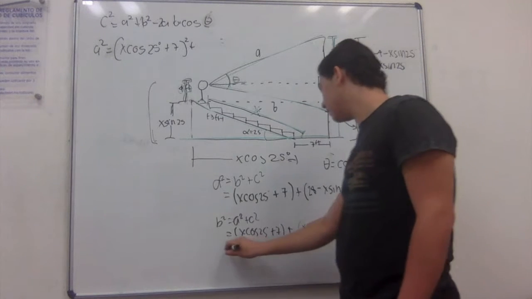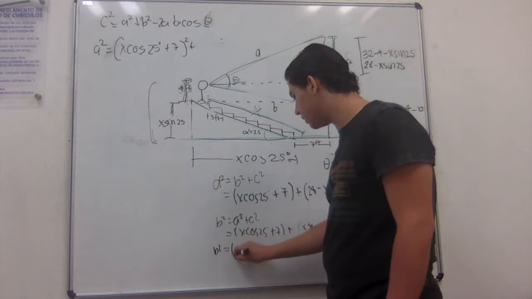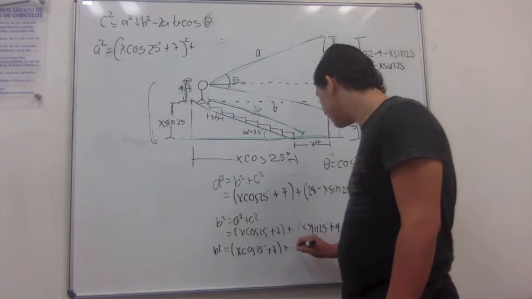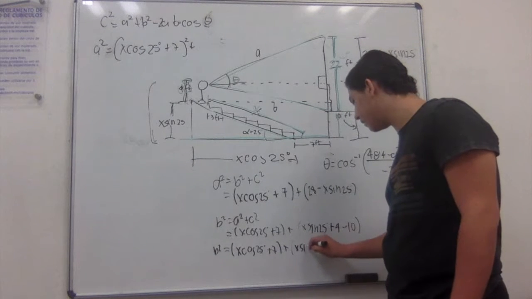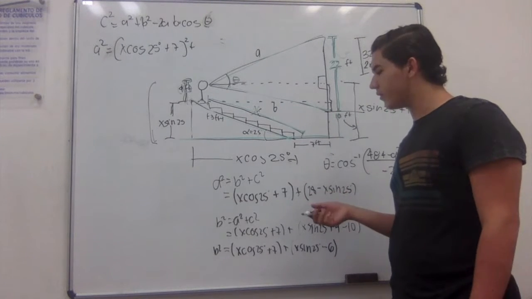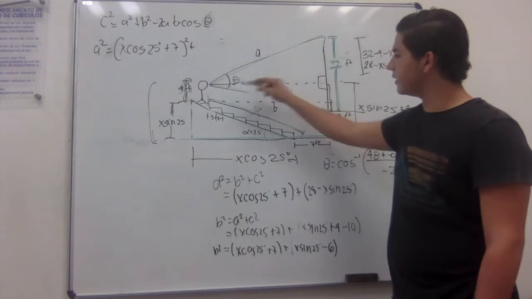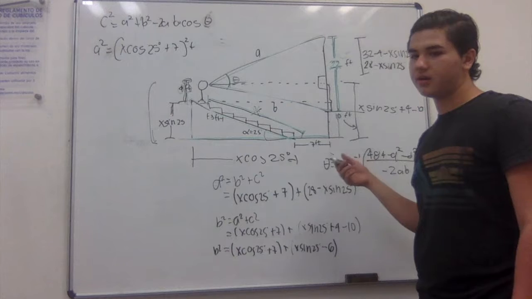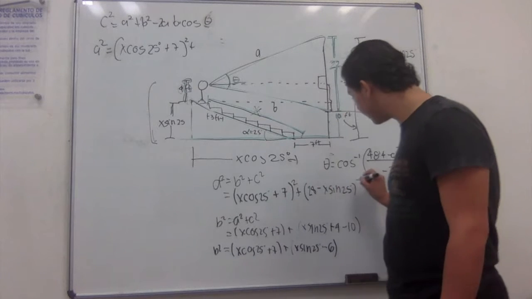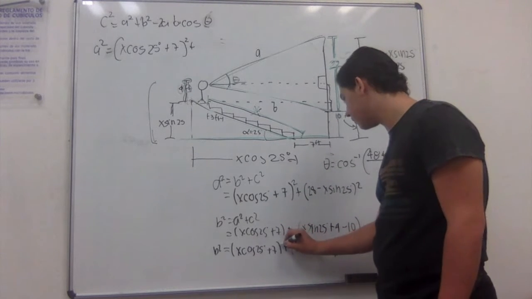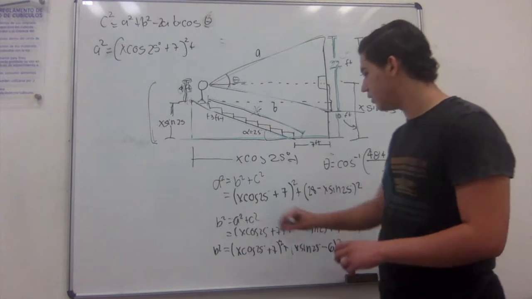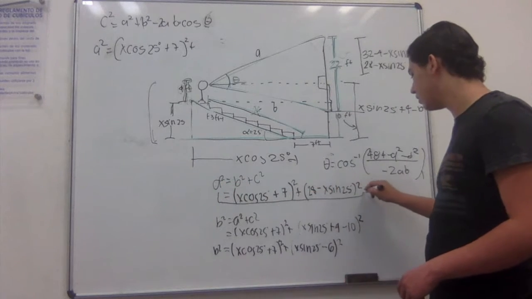So we get that b squared is equal to x cosine of 25 plus 7 plus x sine of 25 minus 6. Let's remember that for this triangle and this triangle we're using the theorem of Pythagoras, so we don't forget these squares. This is squared, squared, squared, squared. So now we have the measurements of A and B.